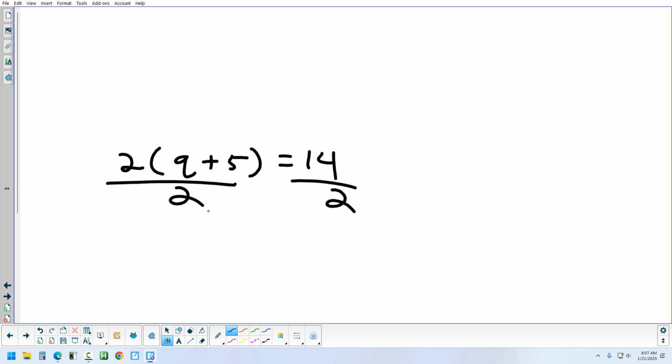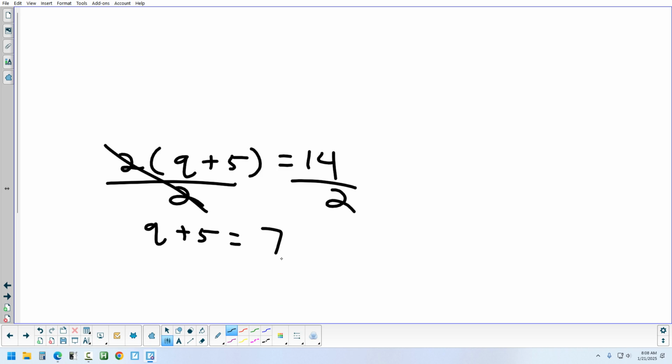What happens on the left when we divide by 2? Emily, what does that cancel out? 2. Yeah, it's going to cancel out this 2 right there. So now we have q plus 5 equals, and Brady, what's 14 divided by 2?